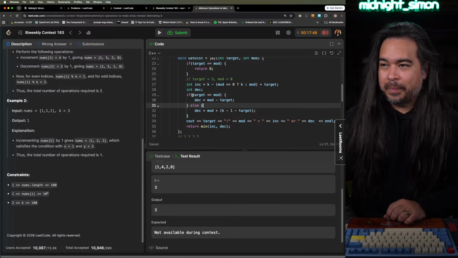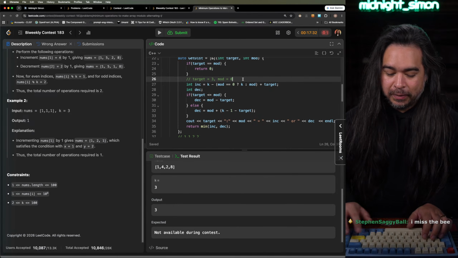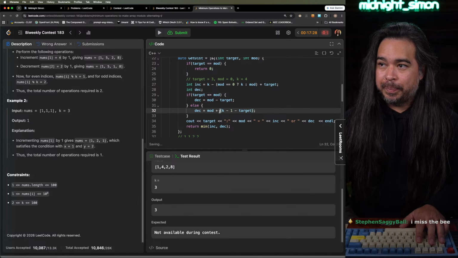All right. These off by ones are driving me nuts right now, but this is a bug for sure. So if we're trying to decrement and our target is greater than our current mod, so in this case our k is 4, target is 3, mod is 0.